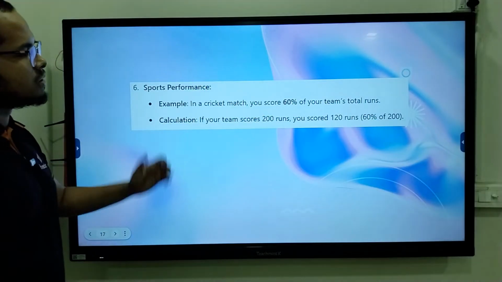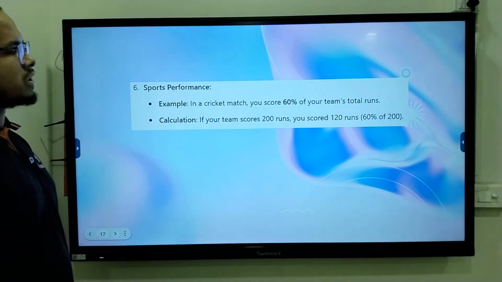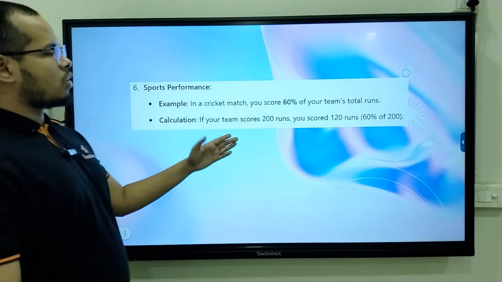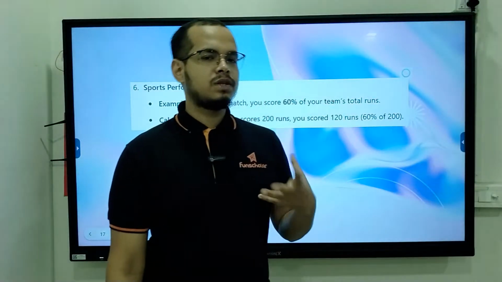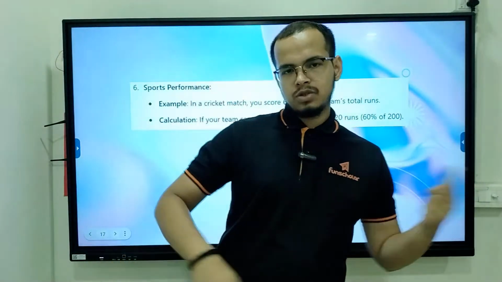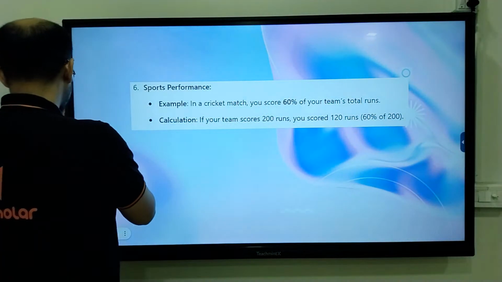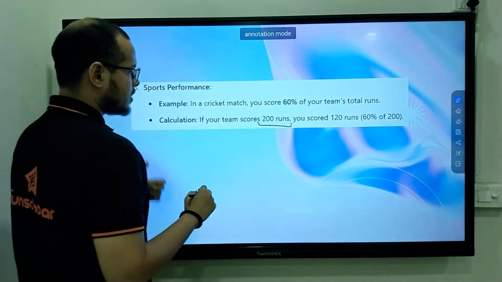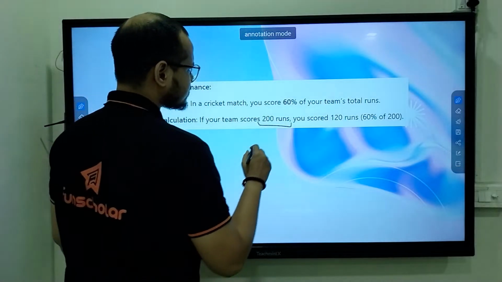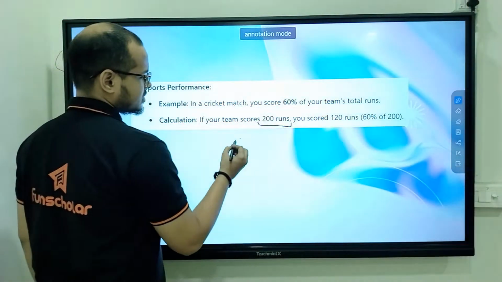Next, in a cricket match, you score 60% of your team's total runs. Always in this type of sum, the total runs will be given, or your runs, whatever your 60% is, is given. Let me try and solve the answer through both ways. From the first case, 200 runs is given. So I scored 60% of the total runs.